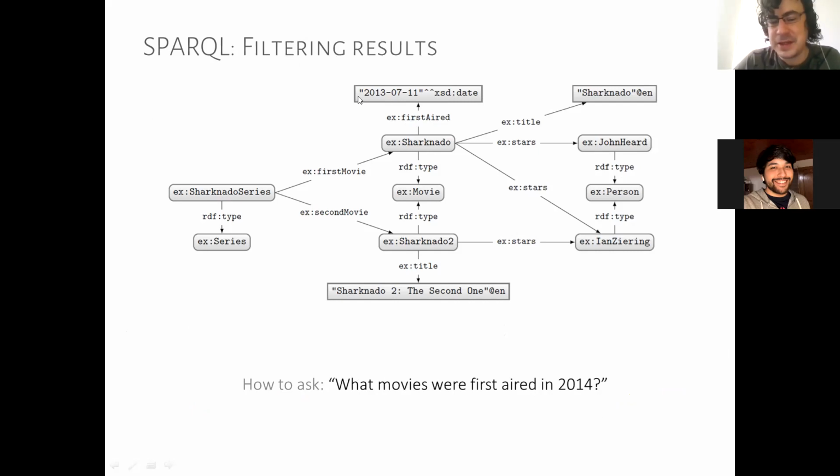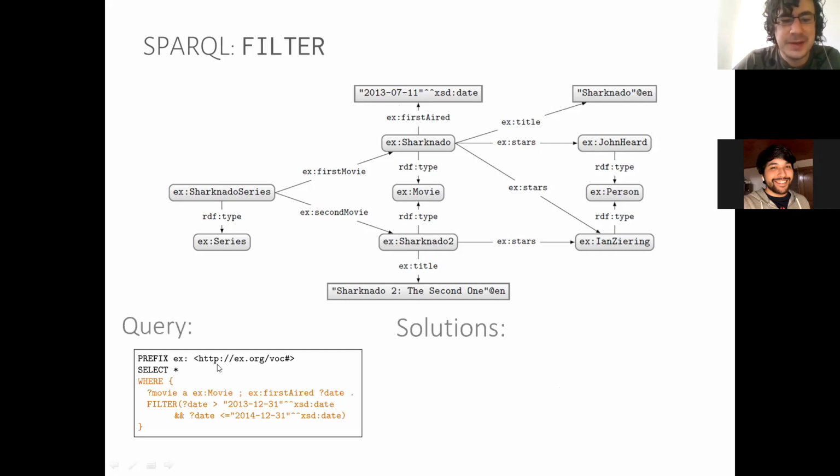Well, we need to express some sort of greater than, less than conditions here, right? So what we can do is write a query like this, where we get all of the movies and their first air dates. Okay, so this will return Sharknado, which is of type movie and has a first air date. And then it filters the dates to say that it must be greater than the 31st of December 2013, and it must be less than 31st of December 2014.